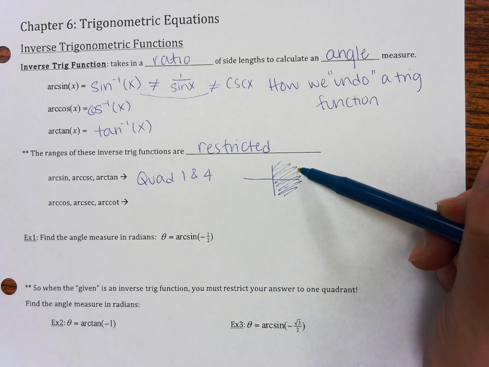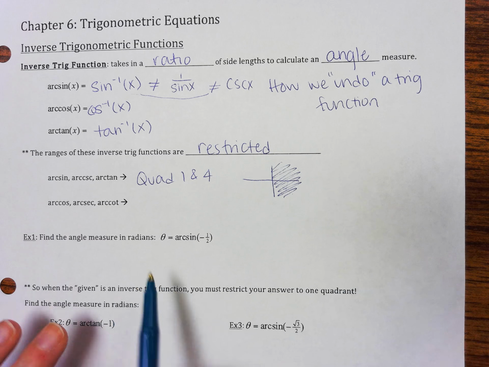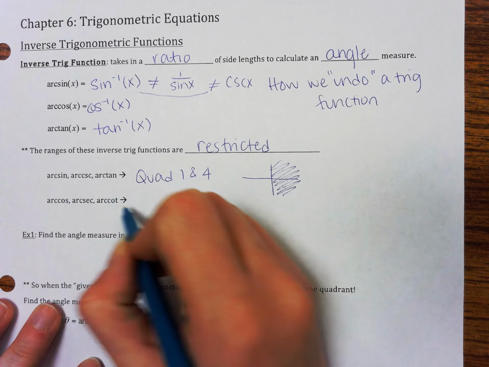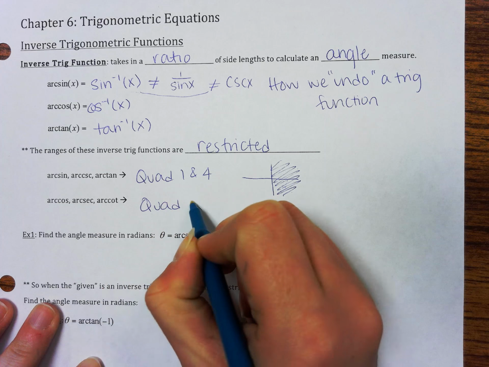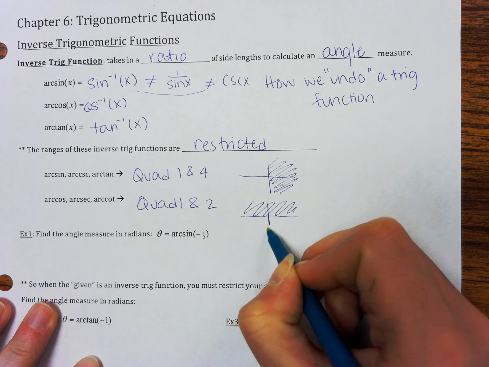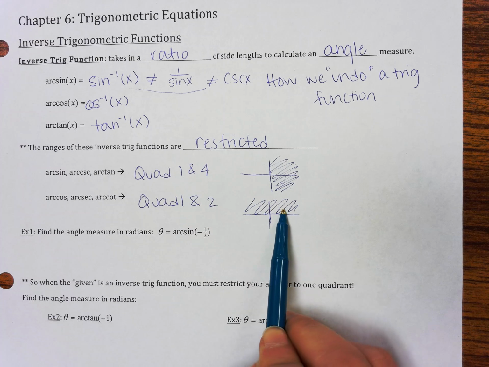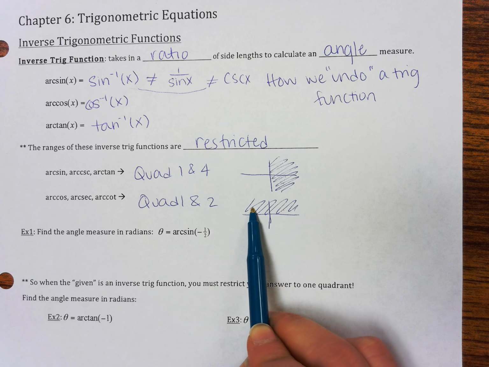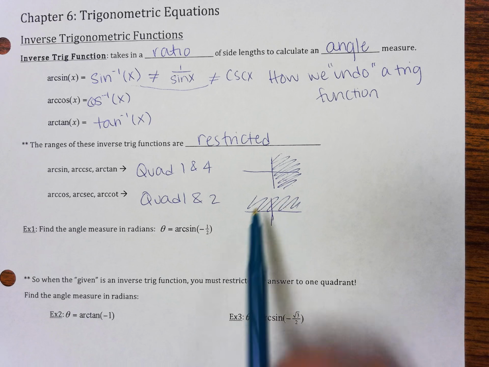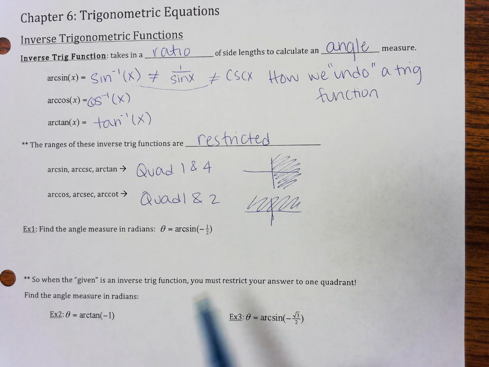On the other hand, cosine, secant, and cotangent are restricted to quadrants 1 and 2, the upper half of our plane, where cosine is positive in one quadrant and negative in the other. Same thing for secant and cotangent. You do have to memorize where the restrictions are for the ranges.